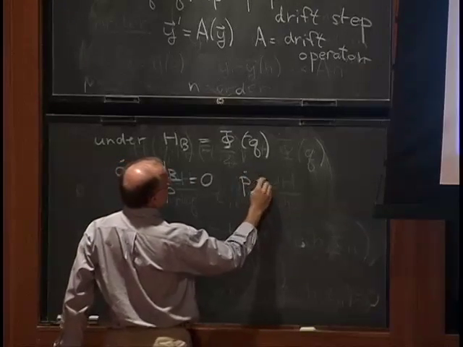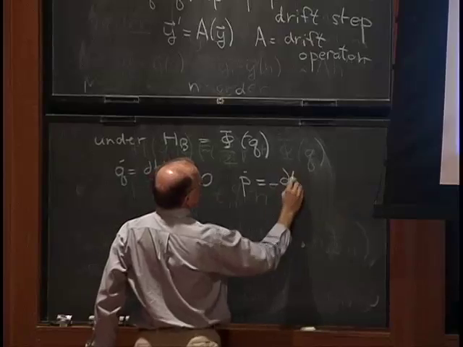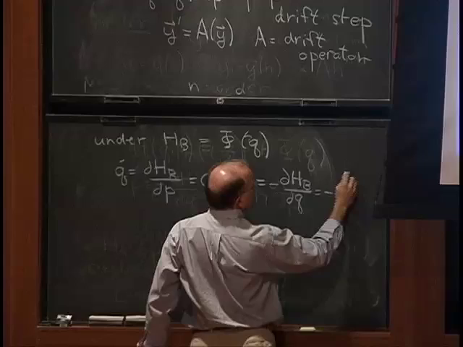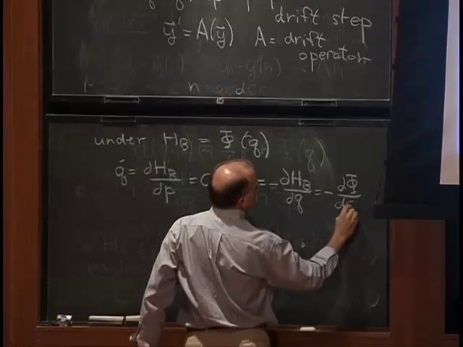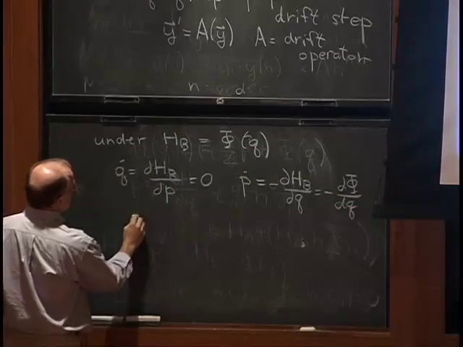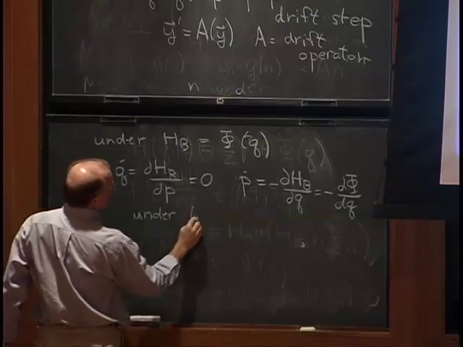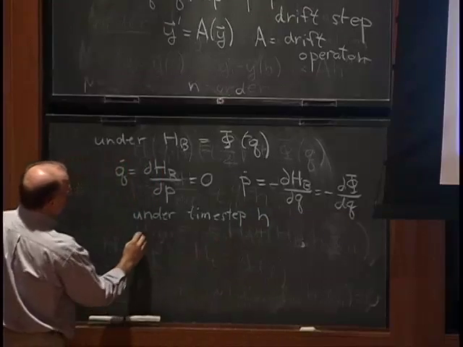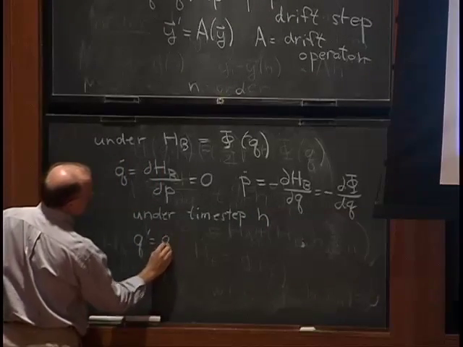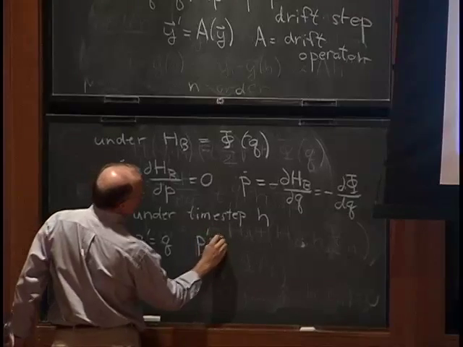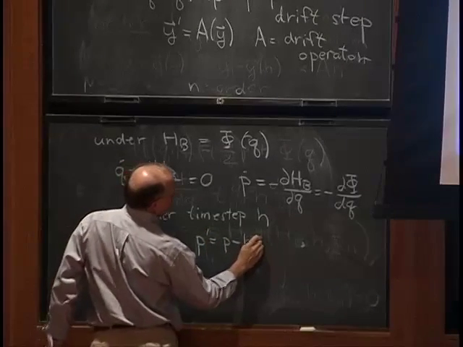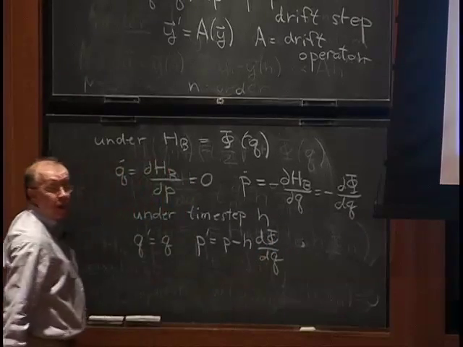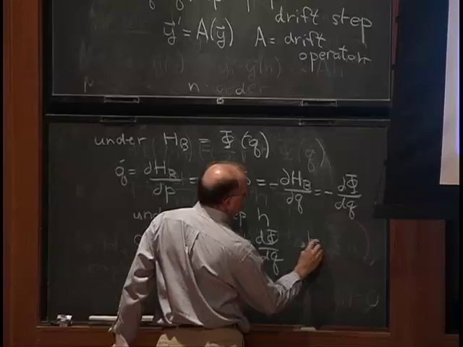P dot is minus dHB/dq. So it's minus d phi/dq. And so that says that under time step h, q prime is equal to q, p prime is equal to p minus h d phi/dq. And that, of course, is one kick step.